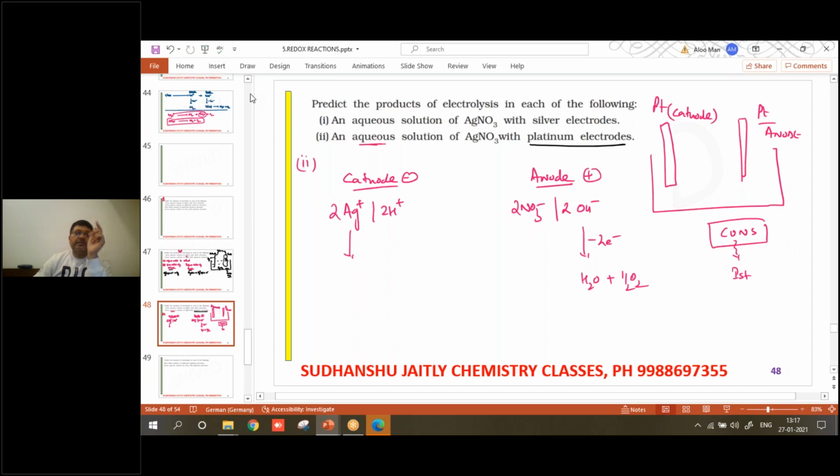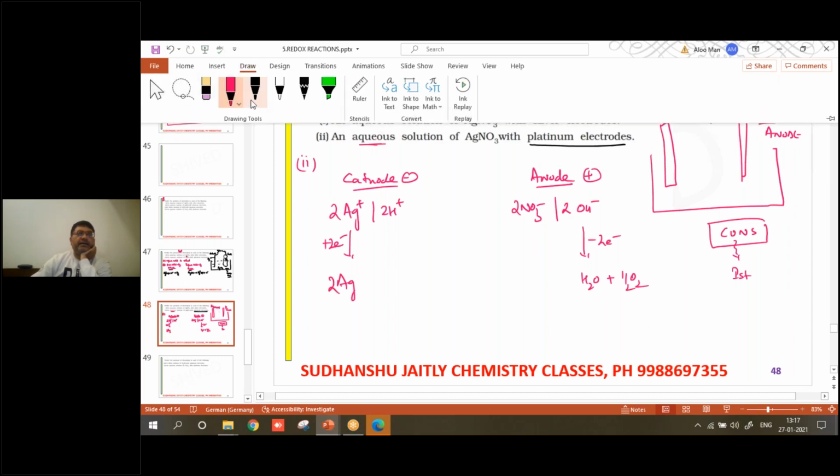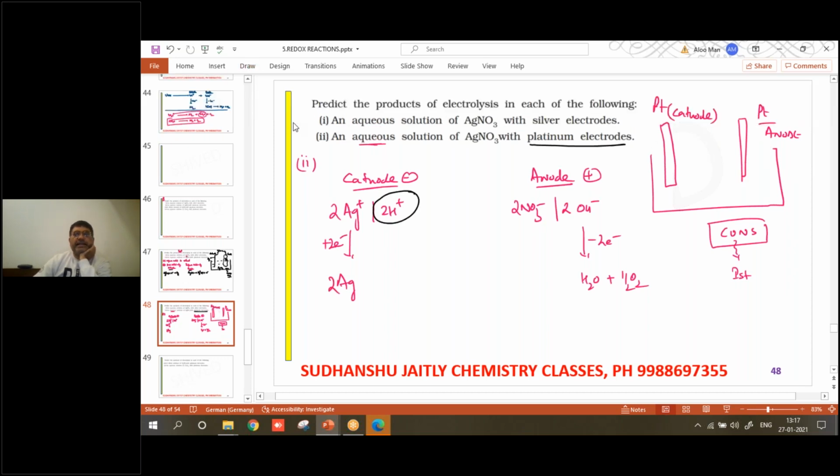Silver 0.80, hydrogen 0. So which will gain electrons? Silver. 2 silver. And you will get a bonus of nitric acid. Do you understand what I'm saying here? What I'm saying is you will be getting a mixture.